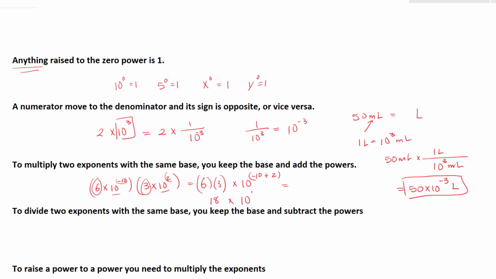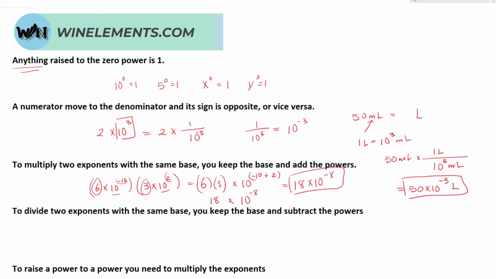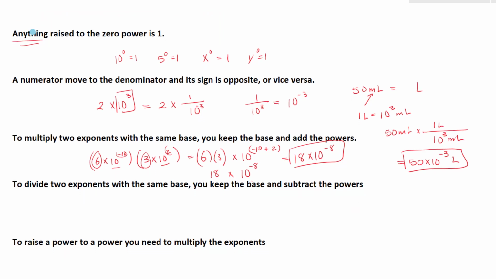Negative 10 plus 2 is negative 8. So our answer is 18 times 10 to the negative 8th. You see how I don't have to use a calculator, but I can do this easily by understanding the exponent rule. So keep that in mind.